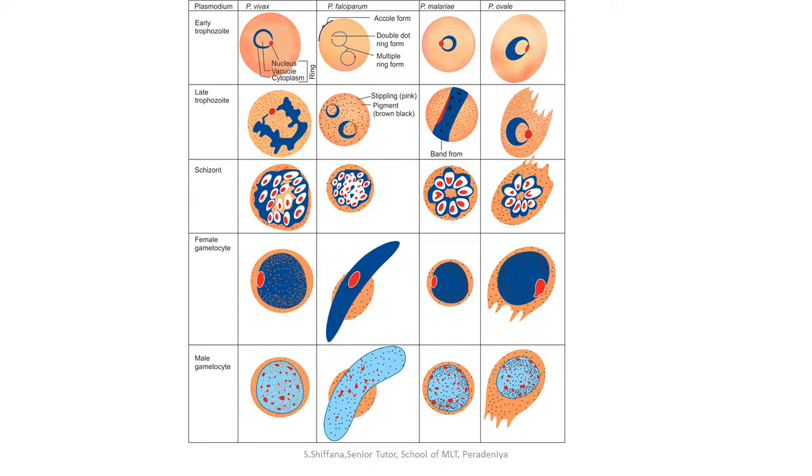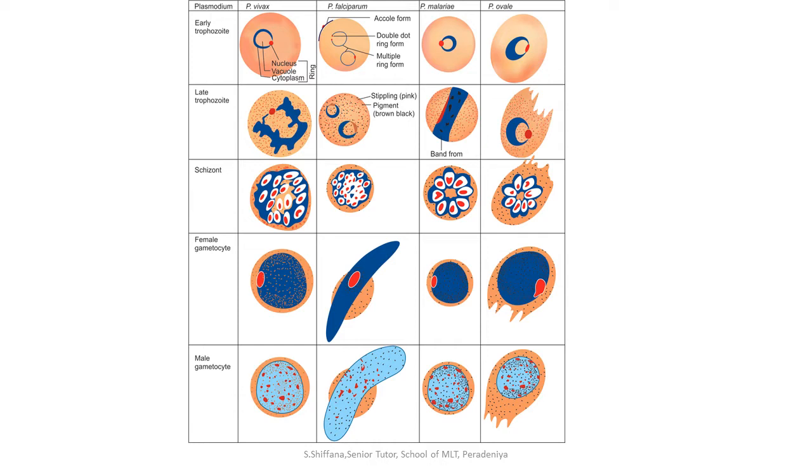So we call it the ring form. Then this ring form converts into the trophozoite form. Here we can see the malarial pigment inside the cytoplasm of the parasite, because they start eating, or taking, the hemoglobin from the red cell.